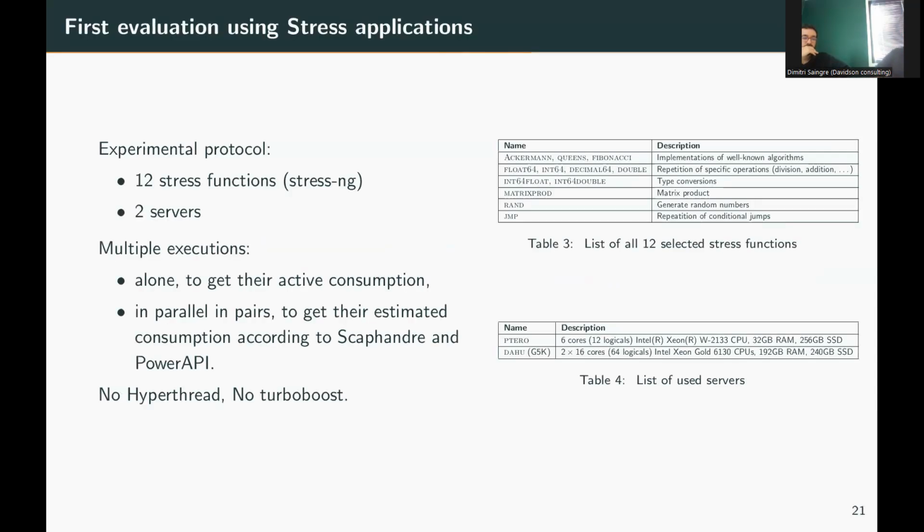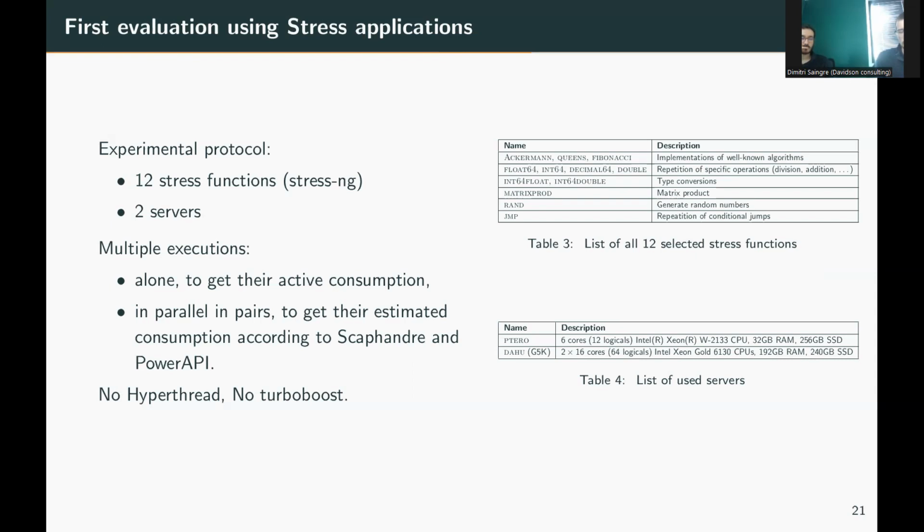So here is the evaluation of the power models we found in the state of the art, that are Scaphandre and PowerAPI. We did not evaluate Kepler because it is focused on Kubernetes, and we wanted to have an environment with as few side effects as possible for our measurements.